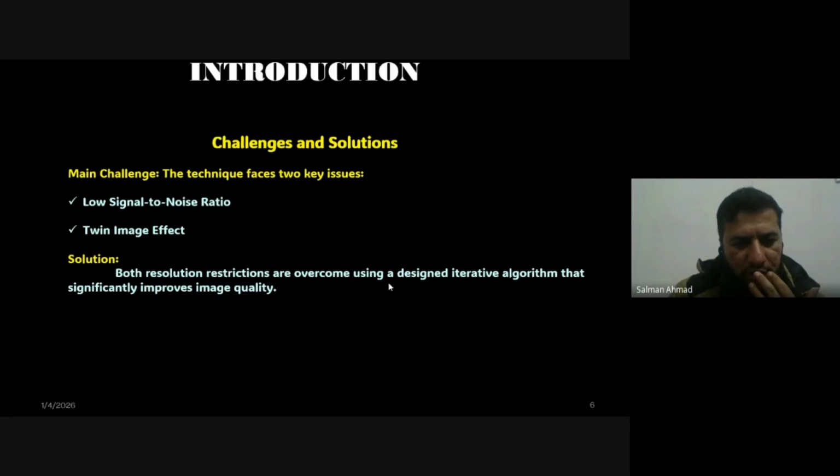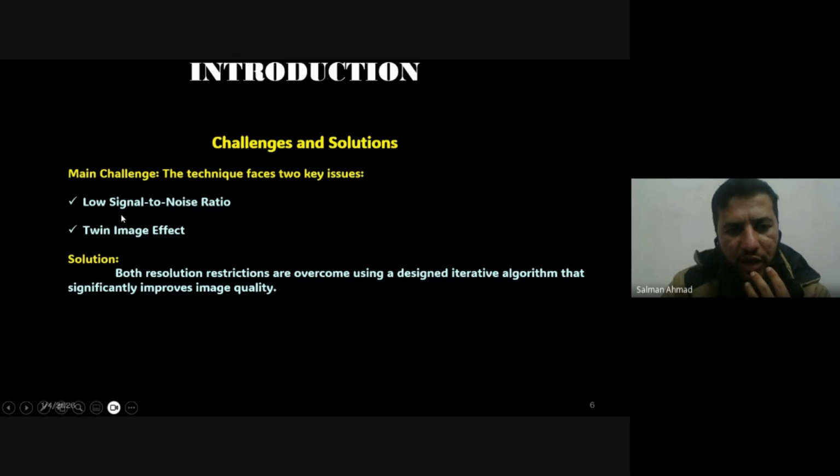So the main purpose and the main challenges in those experiments were low signal to noise ratio and the twin image effect. So we worked to improve the low signal to noise ratio and to remove the twin image effect, which is the main concern in that.